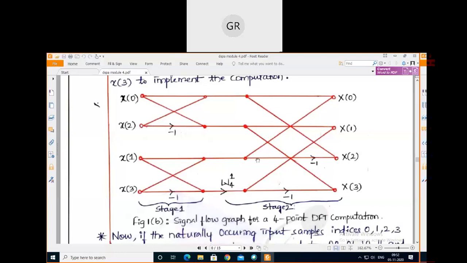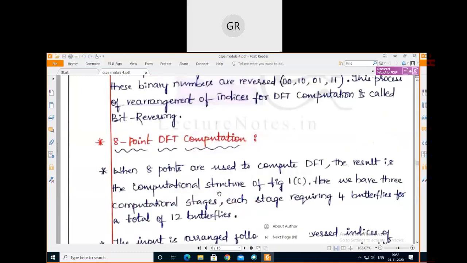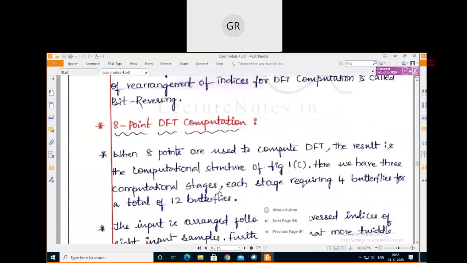If you consider four inputs to construct the butterfly, then the first butterfly is multiplied by W4 to the 0, and the second butterfly is multiplied by W4 to the 1. The second output of the butterfly is always the first input minus the second input. Just remember this. Now we consider 8-point DFT computation.